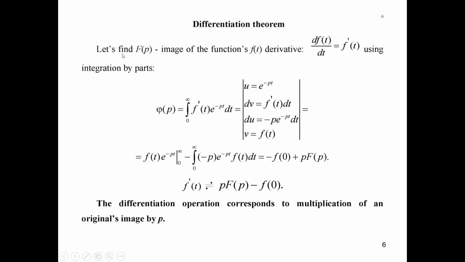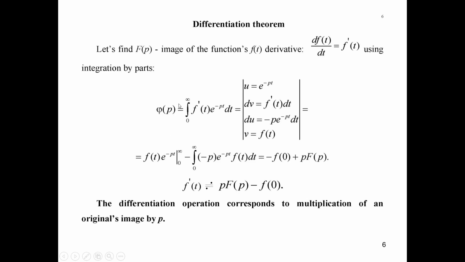So let's find the image f from p of the derivative of function f from t. So let's find the operational image of function d phi by dt, its designation, and let's do it with usage of integration by parts.